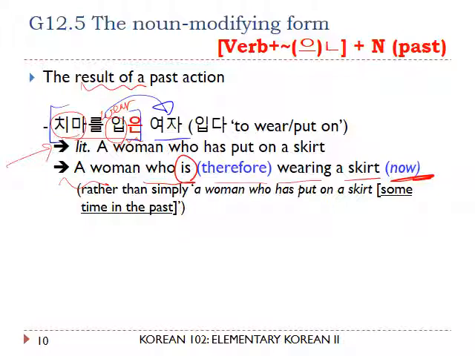So it's not just a past event, but an event that affects the current state of what is modified, in this case, 여자. So this 여자 must have put on the skirt in the past, and that state or status continues to remain to the present moment.